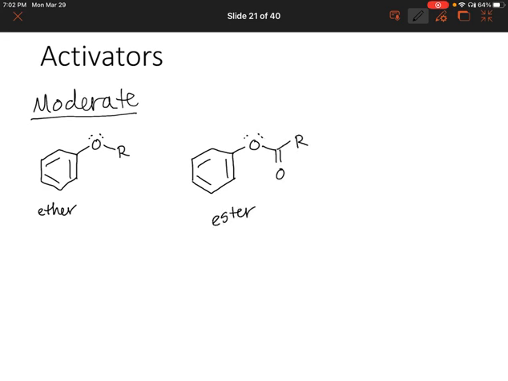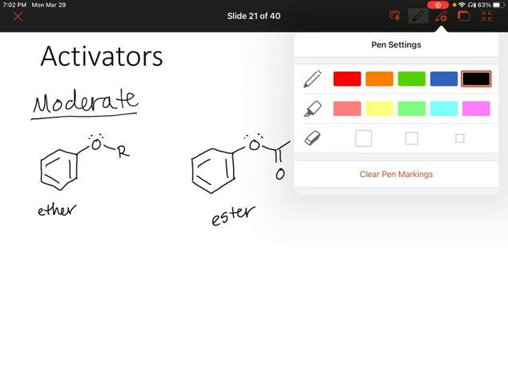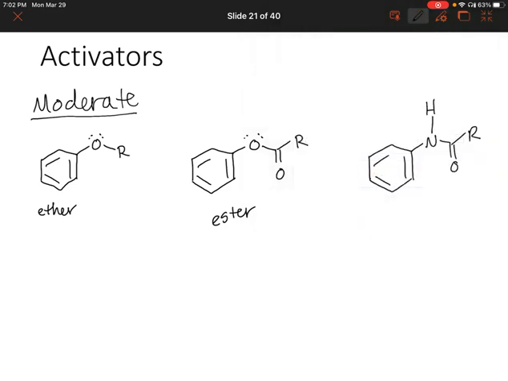Or an amide. Oh, I forgot a hydrogen on the amide. There we go. Okay, so why are these moderate activators?